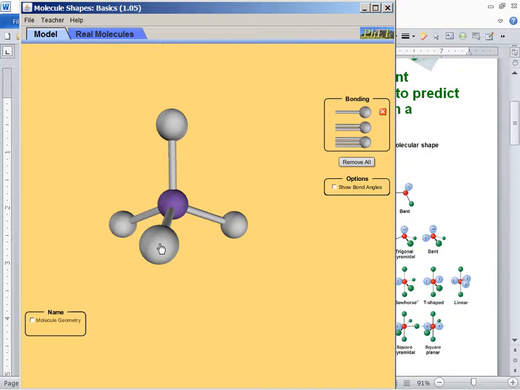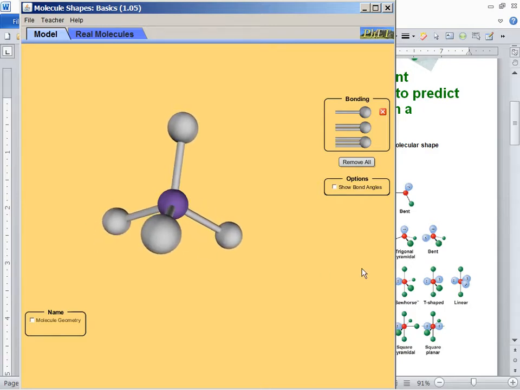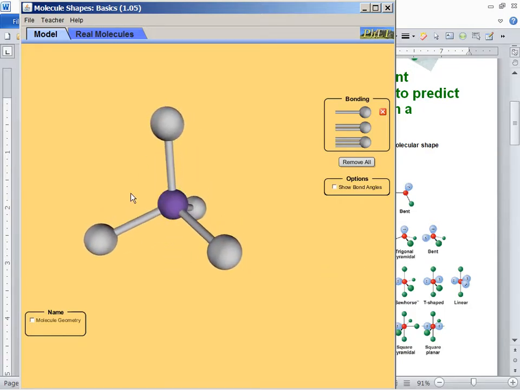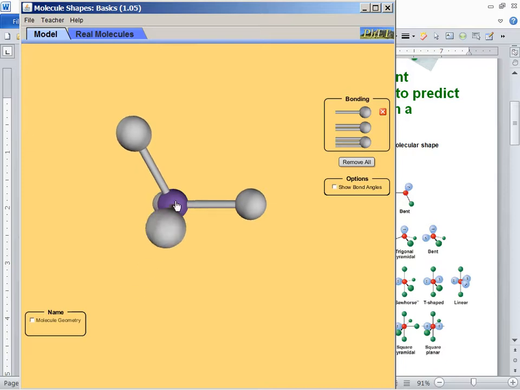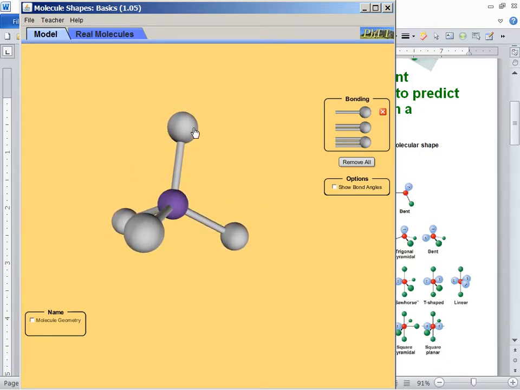You don't look at the center atom, you look at the top one. You could also call this trigonal pyramidal, but tetrahedral is the more common word. Trigonal pyramidal also works because it's a triangle base, and then you have a peak. And realize it doesn't matter how you orient it, it's the exact same shape. It's perfectly symmetric no matter how you rotate it. It's always tetrahedral or trigonal pyramidal.